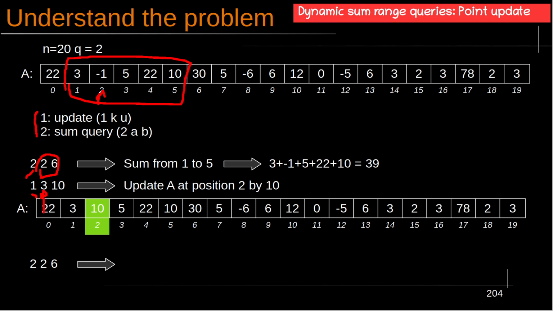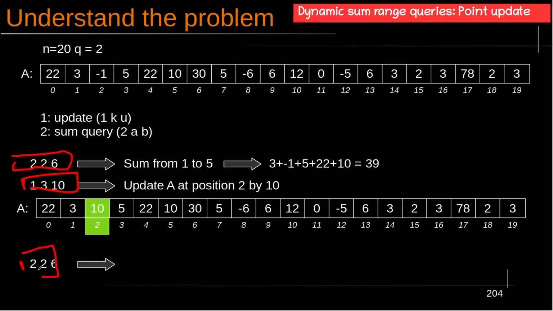So the number of queries is 3, and we have 3 queries: this one, and this one. 2 to 6, the same as query number 1, which means the sum from 1 to 5 will now be changed, because we have updated this value from 2 to 10.